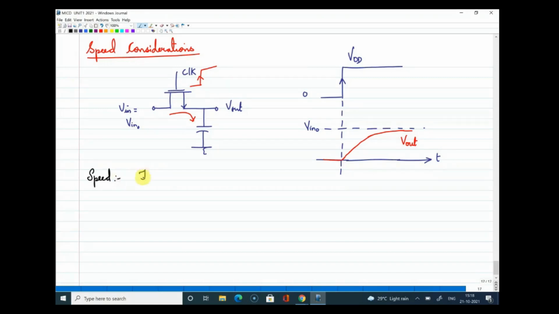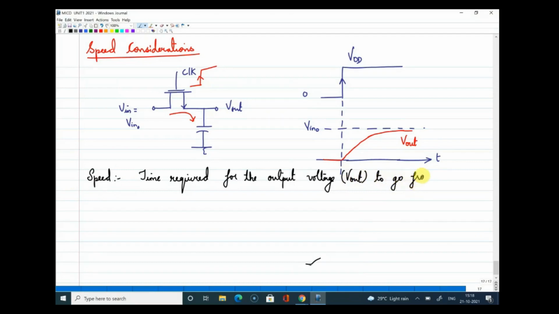So I'll just write it over here. The time required for the output voltage, here I'll call it V out, to go from, or basically it is charging from 0 to the maximum input level.